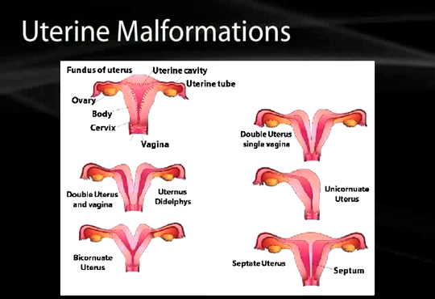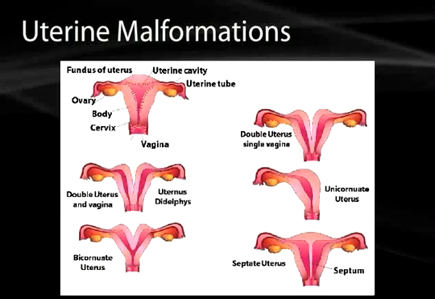The bicornate uterus is where the cervix, all the way to the cervix, is fused together, but then the body and the fundic regions stay separated. And then if one side doesn't form at all, you can have a unicornate uterus. This will have no development of the ovary from connecting with the fallopian tube.